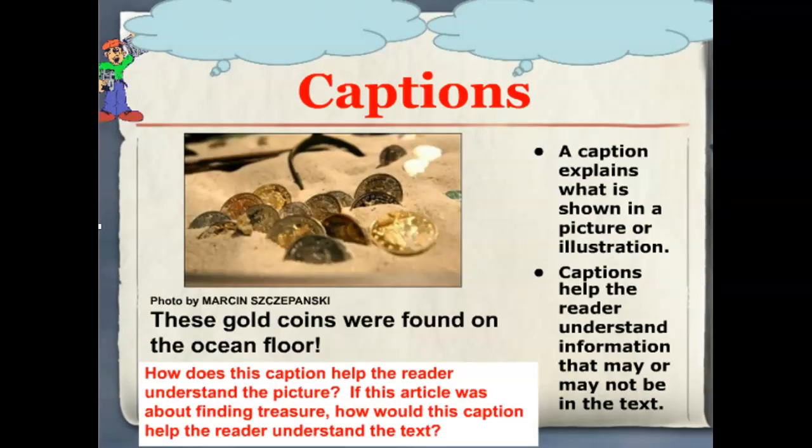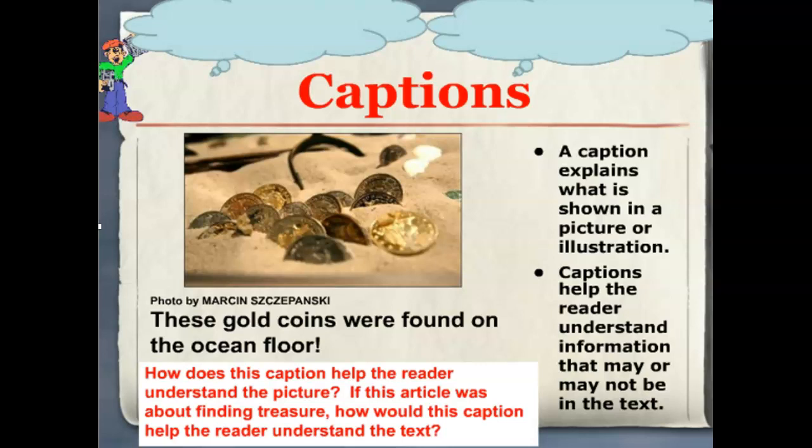Next up is captions. A lot of times you'll see a picture, but you skip right by the captions. It's really important to read those because they just give you more information about the picture that the author chose to put there. And if the author took the time to include a specific photograph, then there's a reason. Okay, they don't just do it to take up space on the page. They really want to cement your understanding of what you're reading with a visual for you to look at.